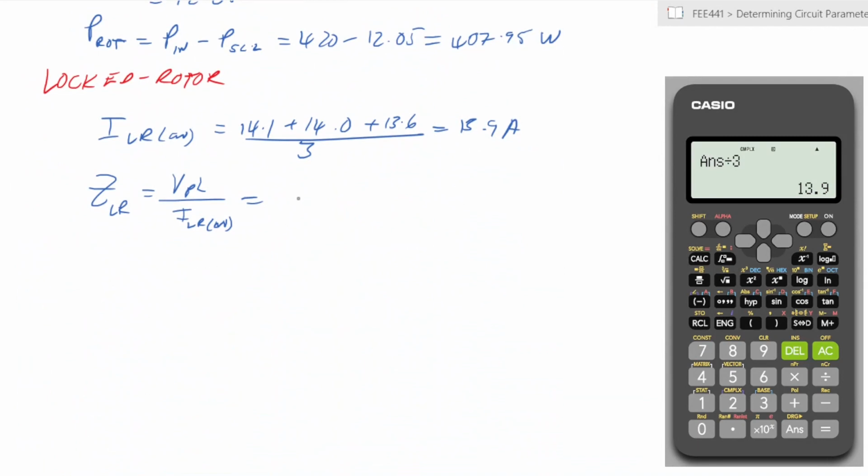So we have 50 over root 3, which will give us our phase voltage, divided by the current that we've just gotten, and that gives us an impedance of 2.0768 ohms, right?